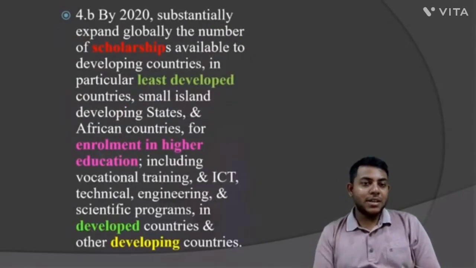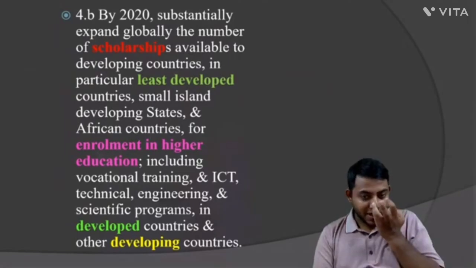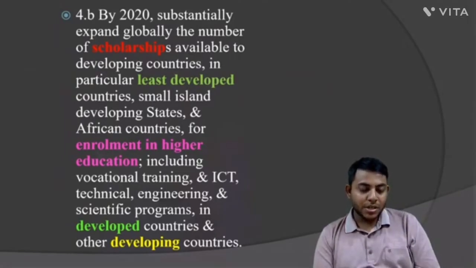And 4.B says that by 2020, substantially expand globally the number of scholarships available to developing countries, in particular least developed countries, small island developing states, and African countries for enrollment in higher education, including vocational training and information and communication technology, technical, engineering, and scientific programs in developed countries and other developing countries.